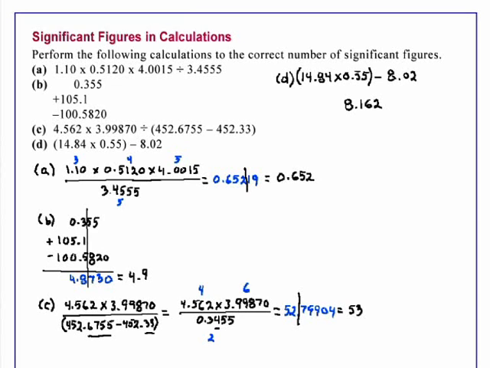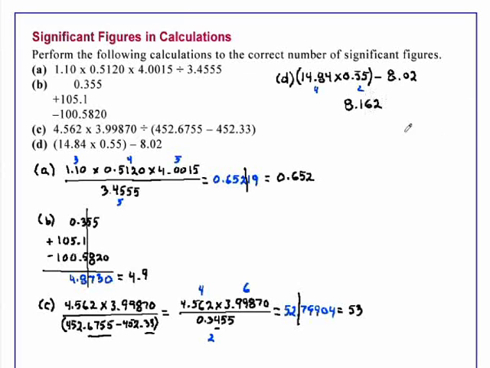but once again we have to ask how many significant figures are in that number. In 14.84 we have 4 significant figures. In 0.55 we have 2.